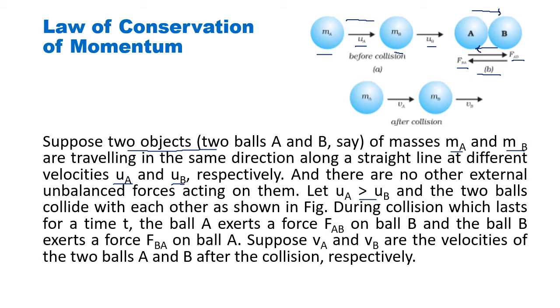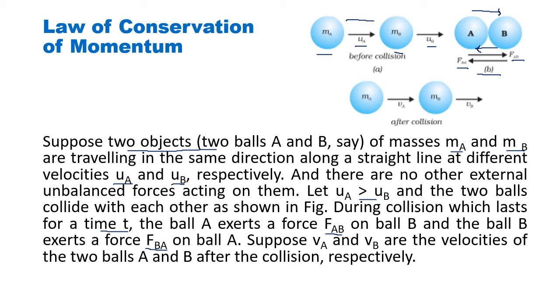So when the two bodies collide, they both apply a force on each other which is equal in magnitude but opposite in direction, for a small time t. Ball A exerts the force FAB on ball B and ball B applies the force FBA on ball A.